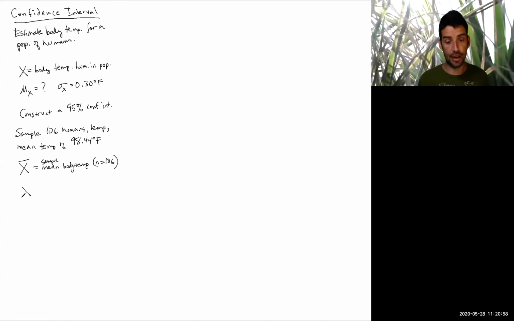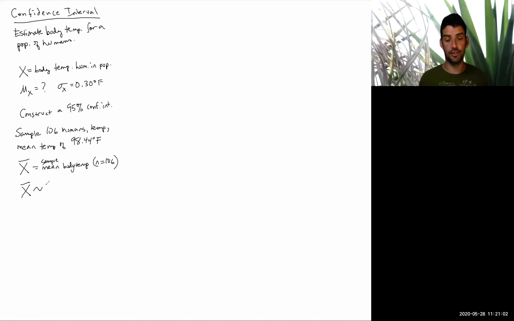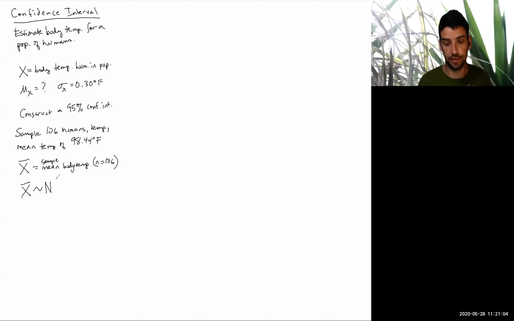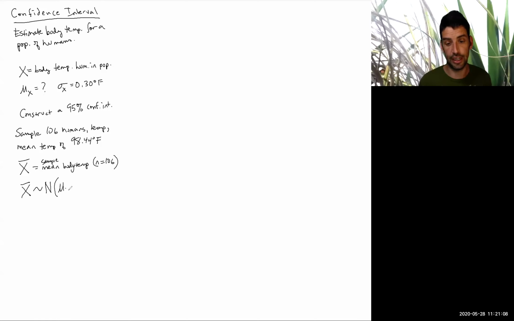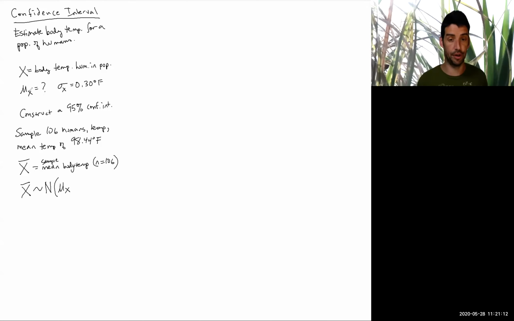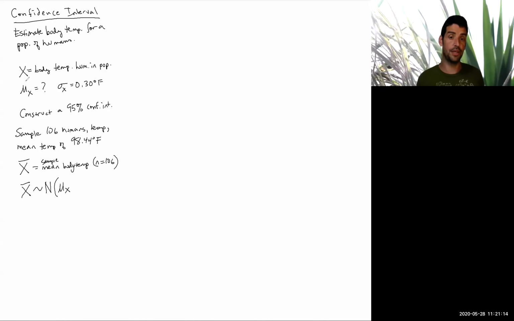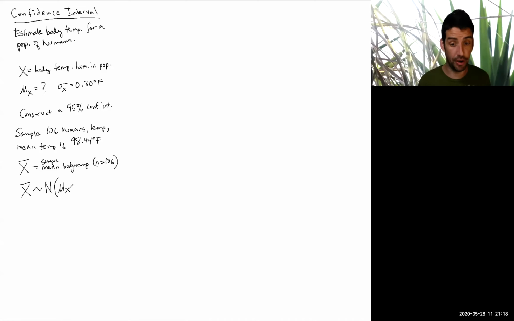What do we know about x bar? We know, according to the central limit theorem, that it is normally distributed and that its mean, whatever it is, we don't know what it is, is the same as the one we're looking for, right? Remember, we're looking for the mean of x, but we know the mean of x is the same as the mean of x bar.